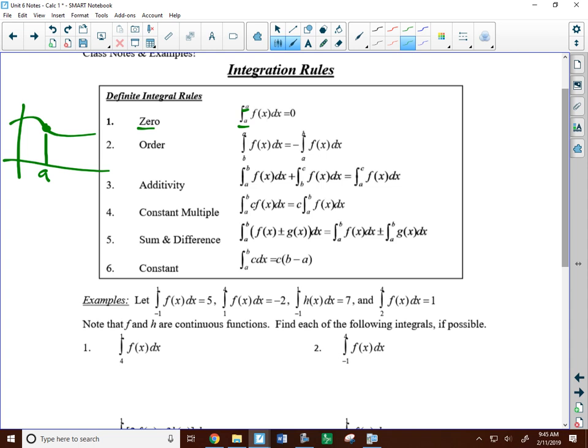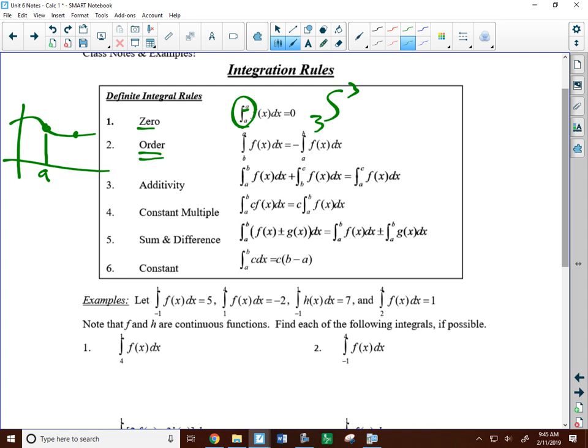I draw a line to represent it, but there's actually nothing underneath an exact point, because a point is infinitely small. We represent it by a dot. But there's nothing under there. So if you have an integral of the same number, 3 to 3, then it's going to be 0. Right, nothing under there if you're going from the same number.